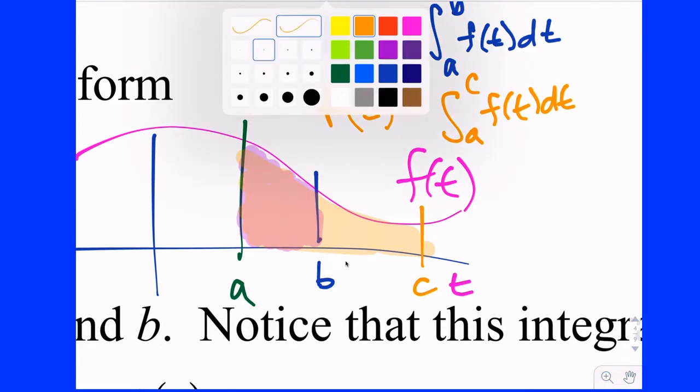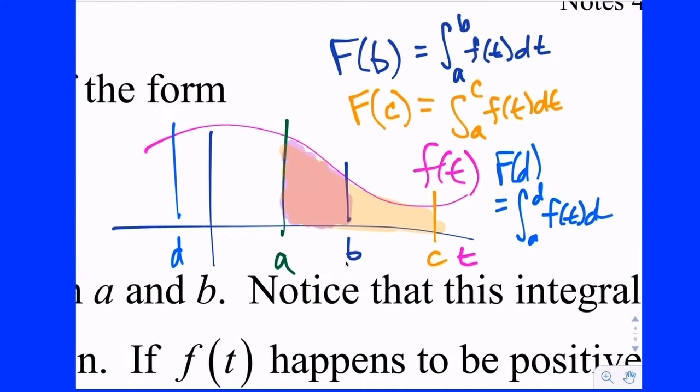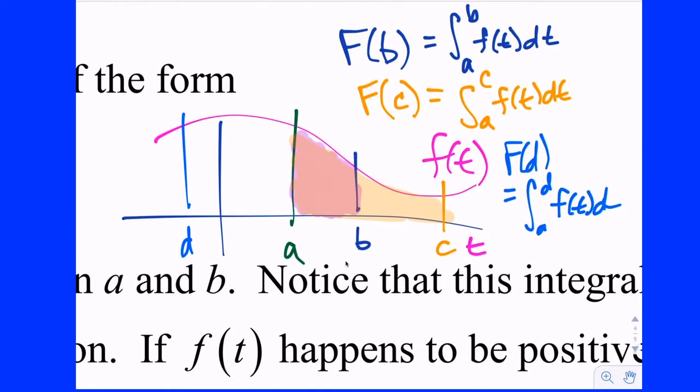I could even pick a value like big F of d, and that would be the integral from a to d of f of t dt. And d might be somewhere over here in negative land. And so I would integrate from a to d. And in this case, that would give me what type of number? A negative number, right? Because I'm going from right to left and it's above.